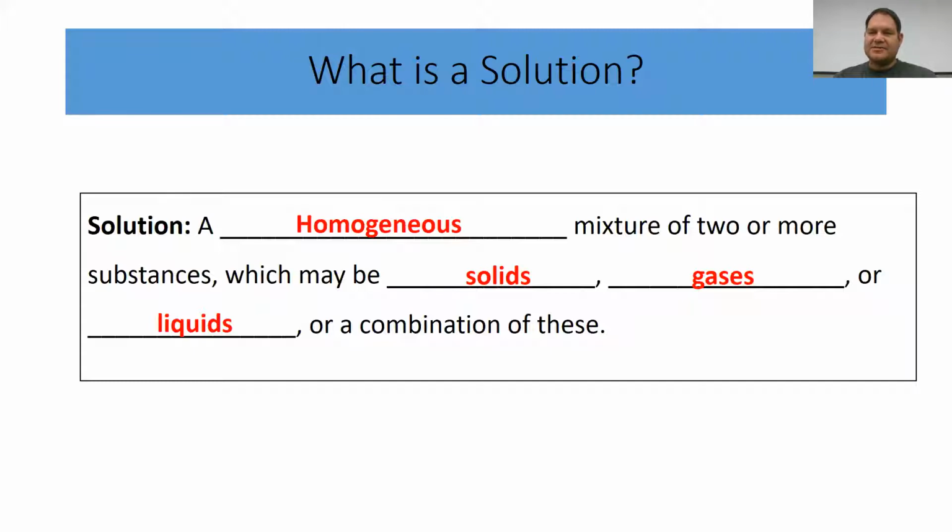A classical solution would be a salt solution, which is made up of salt, sodium chloride, and water. The salt essentially is dissolved in the water, and it makes a uniform or homogeneous mixture, as you can see from this example. The key term here is dissolving.